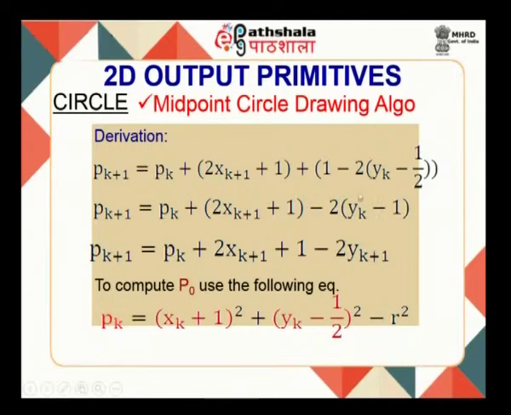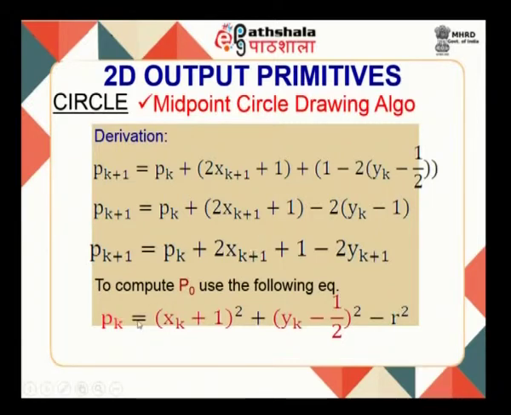We did this intentionally to say that the next y is y_k minus 1. So, the next decision parameter is actually p_k plus 2 x_k plus 1 minus 2 y_k plus 1, all in the suffix, indicating that the next y is y_k minus 1, and k plus 1 indicating that the next x is previous x plus 1.